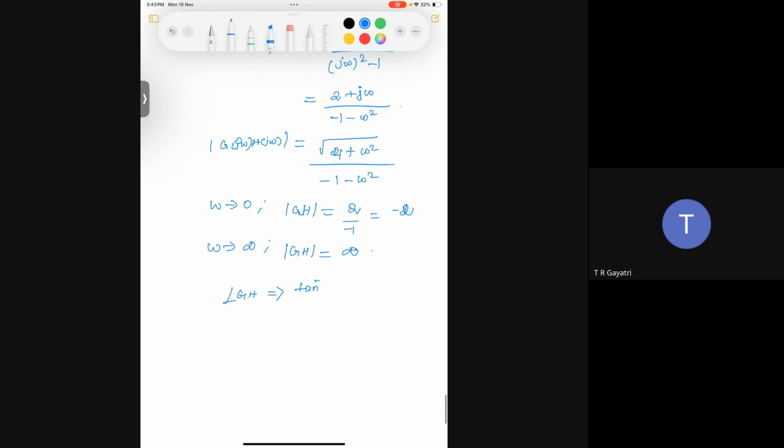Tan inverse of omega by 2, minus 0, there is nothing, j is not there. Minus 2 tan, how will it be? Modulus means the sign will not be there now. Absolute value of this, yeah.